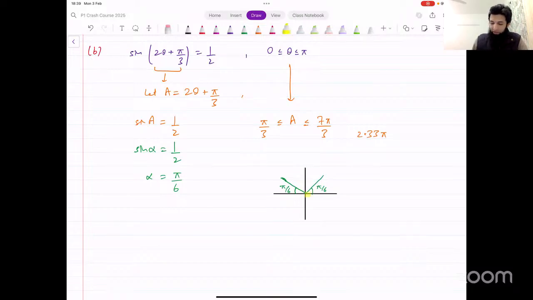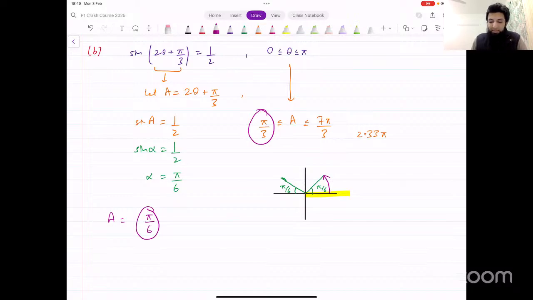Now we find all the possible angles inside this interval for A. Let's start with the first angle that we get in the first quadrant. This is pi over 6. So we could say A is equal to pi over 6, but notice this number is less than pi over 3. Pi over 6 is less than pi over 3, so we cannot really consider that because it does not fall in the interval.